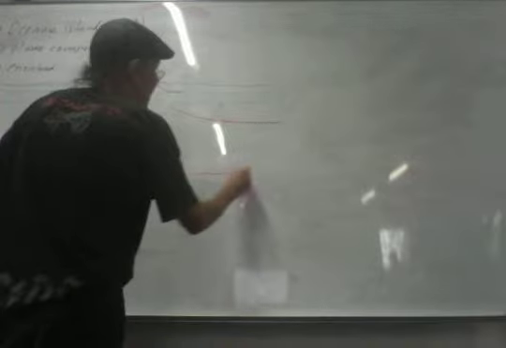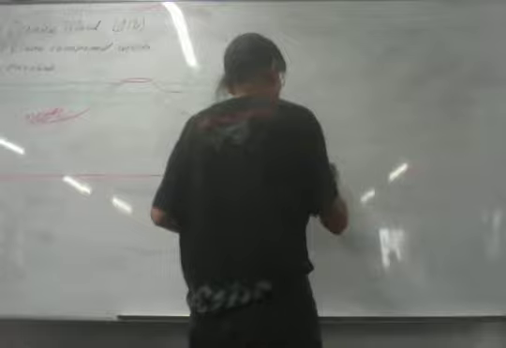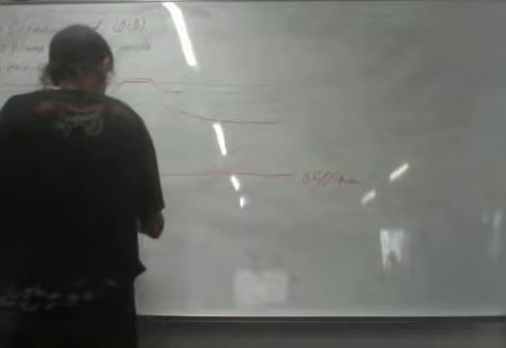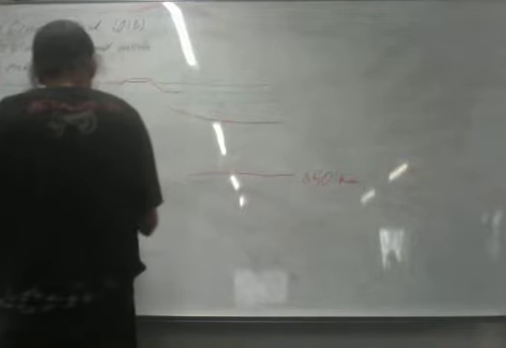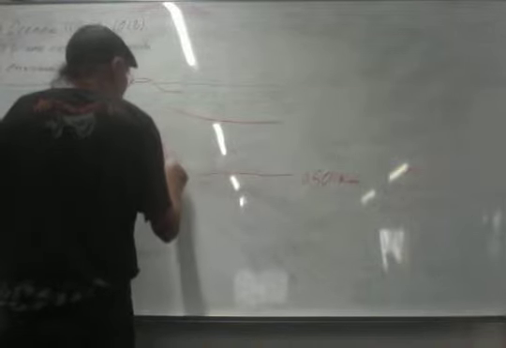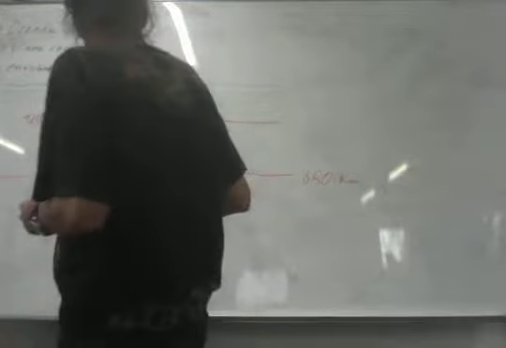Then we are making here again our boundary layer at a depth of about 650 to 700 kilometers. And then we are making here this plume component.